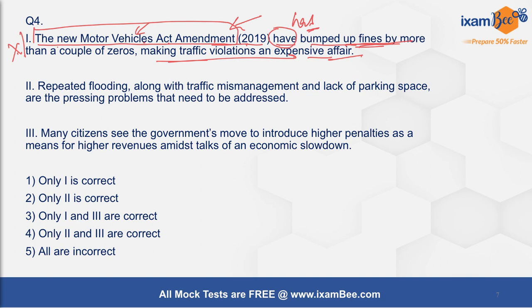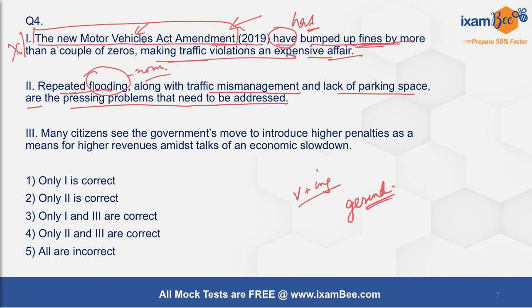So here we know that this is incorrect, and I need not read the whole sentence and waste my precious time. Number 2: repeated flooding along with traffic mismanagement and lack of parking space are the pressing problems that need to be addressed. Here also you can see that repeated flooding, though it is verb plus ing, has been used as a noun in the sentence, and when verb plus ing is used as a noun, it is known as gerund. In the grammar class we have learned what a gerund is, and a gerund is singular.